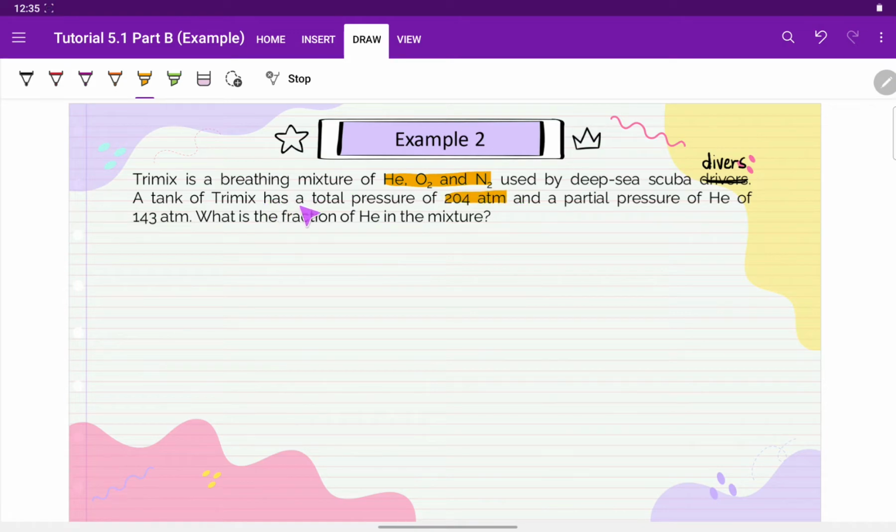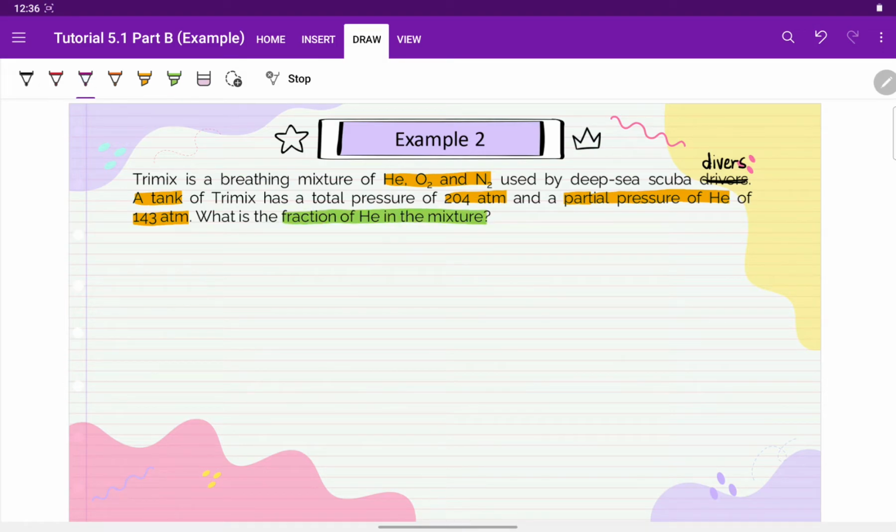So, meaning in one tank there will be 204 atm and the partial pressure of helium is 143 atm. Okay, so what is the fraction of helium in the mixture? So, the question asks us to find the fraction of helium in the mixture.